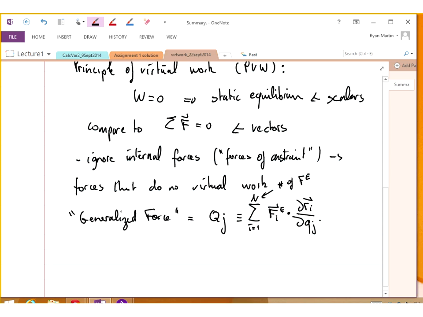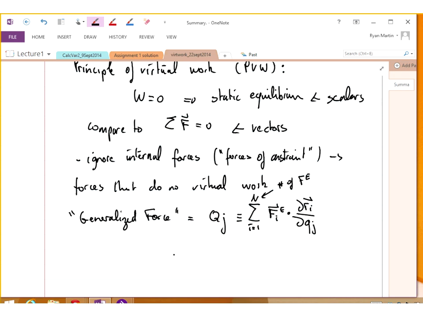And so each generalized force, you can think of it going with a generalized coordinate. It doesn't necessarily have the units of newtons, so it's not necessarily the dimensions of force, but you can think of it as either a force or a torque or something that wants to make something move in the direction qj.